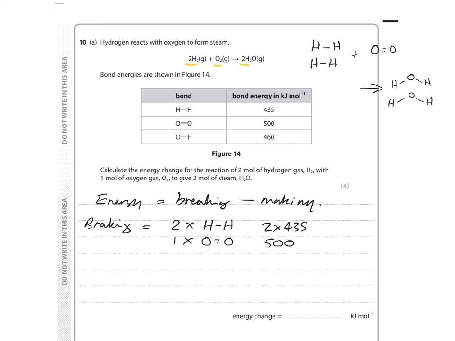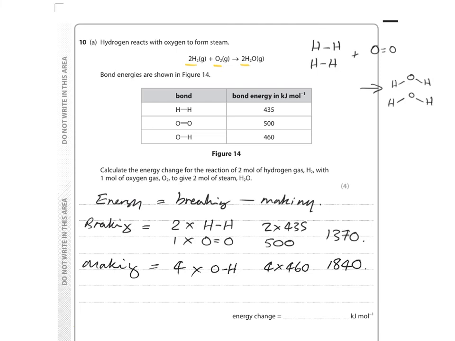If I add all that lot up together, I get 1370. You'll just have to ignore my telephone. I apologise about that. So making equals 4 times O-H, 4 times 460, which equals 1840.